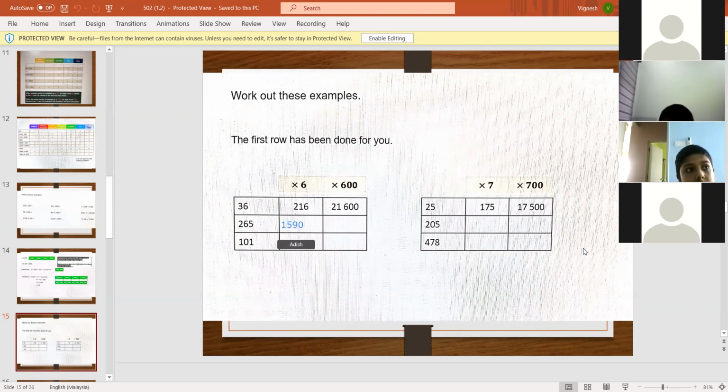Okay, so when you multiply it by 100, faster. You just multiply the answer with 100. What is your answer?